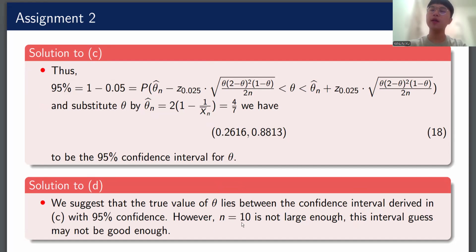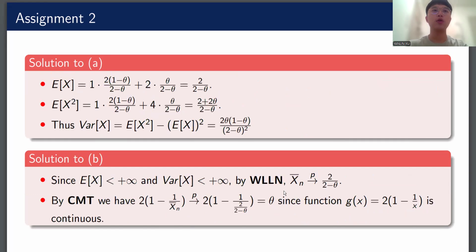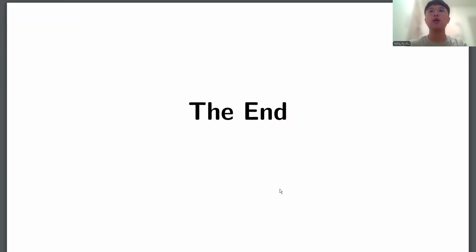So n equal to 10 is not large enough to make a good interval estimate. In fact, we have to say this result is not very good because our sample is not very large. So that's all the solution of this assignment.